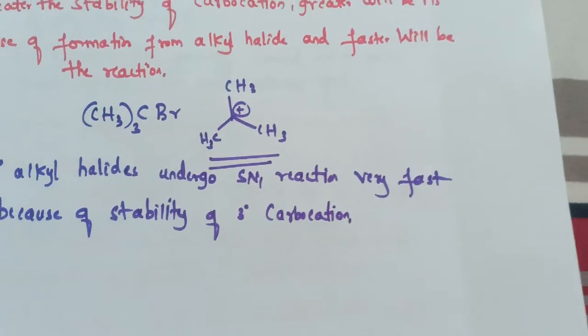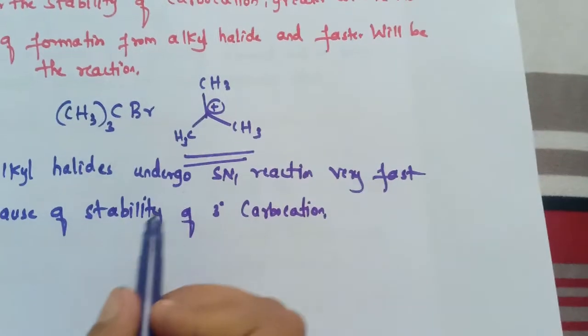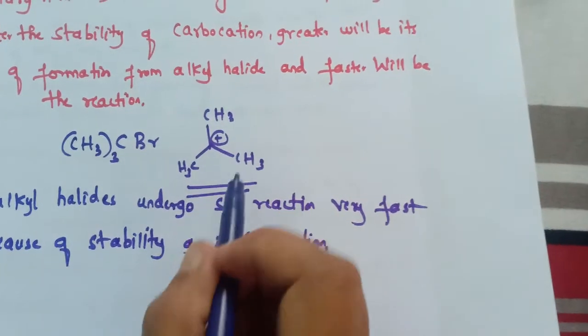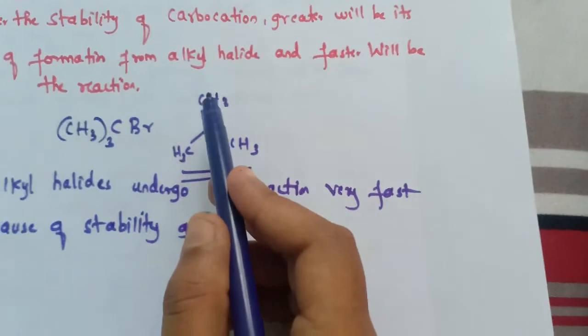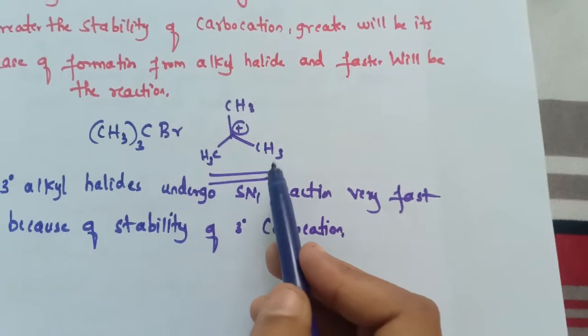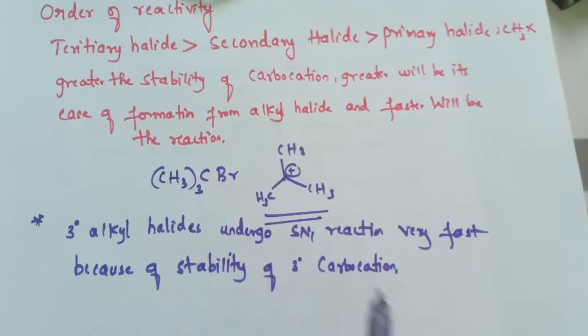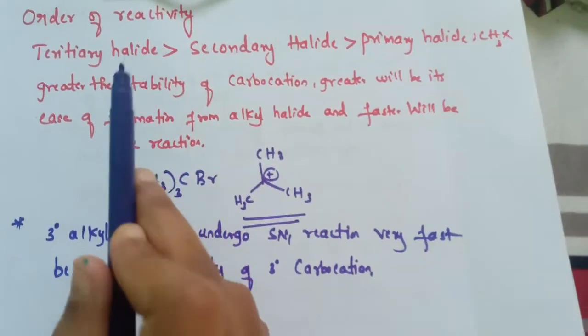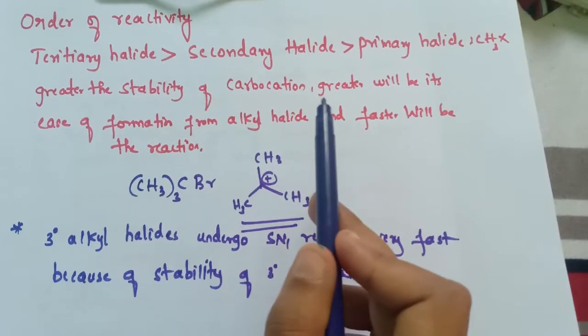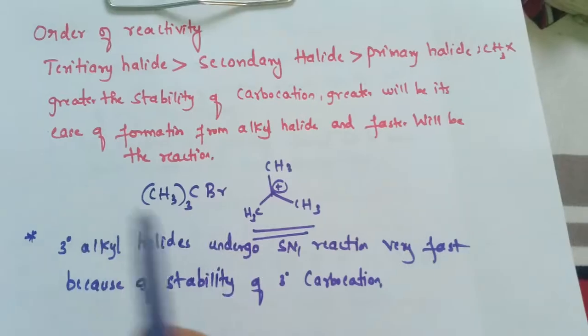I have already said the stability of carbocation. Tertiary carbocations are more stable due to the presence of these CH3 groups to distribute its positive charge. So tertiary halides are more reactive here than the secondary halides, then comes the primary halides. It is the order. Due to the presence of a stable carbocation, allylic and benzylic halides also show high reactivity towards the Sn1 reaction.